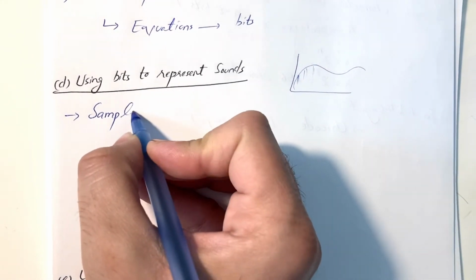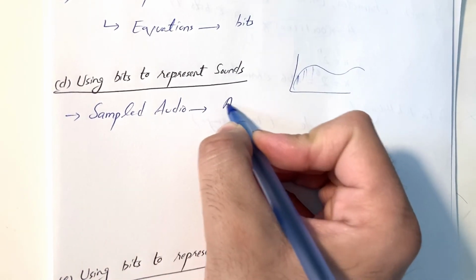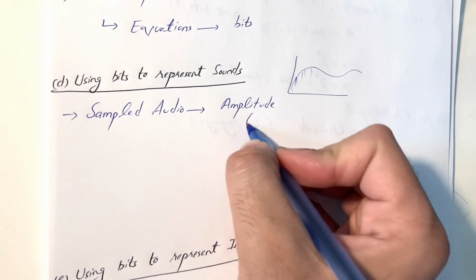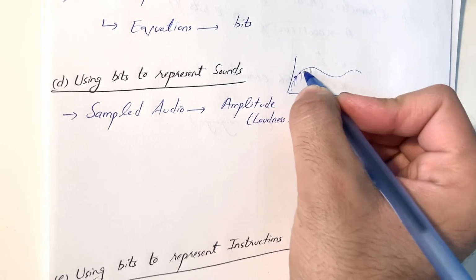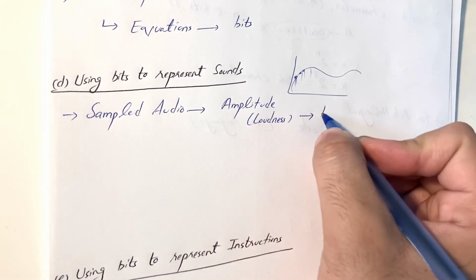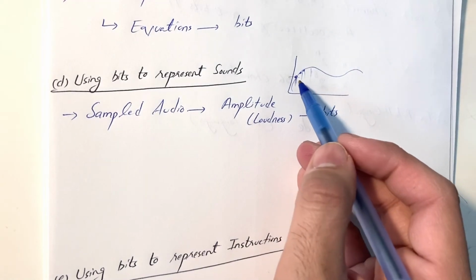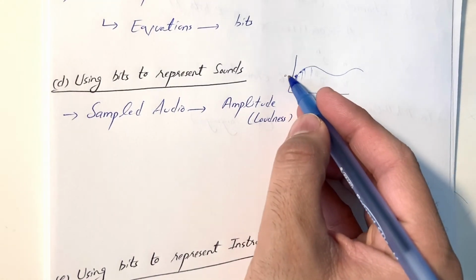Sampled audio defines the amplitude, and these amplitudes are the loudness. These samples can be represented in the form of bits. We round the samples off according to the bit depth and quantization value, and convert them into binary.